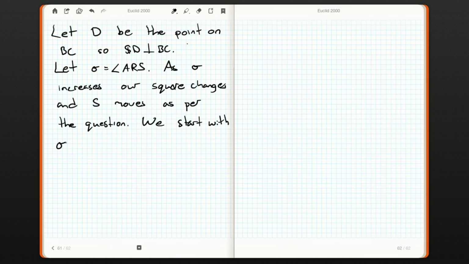So we start with sigma equals 0 degrees, and S will reach the side AB when sigma equals 30 degrees. Okay.